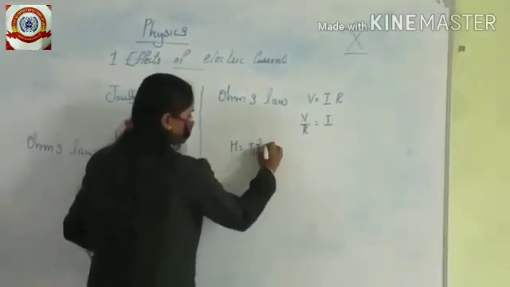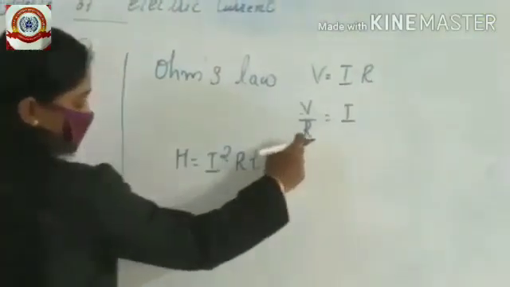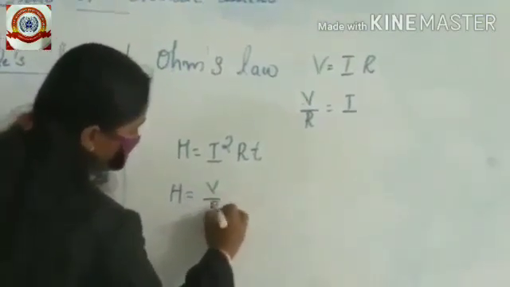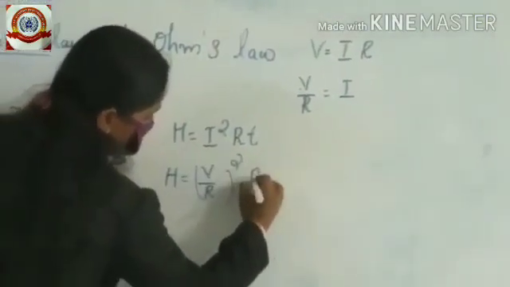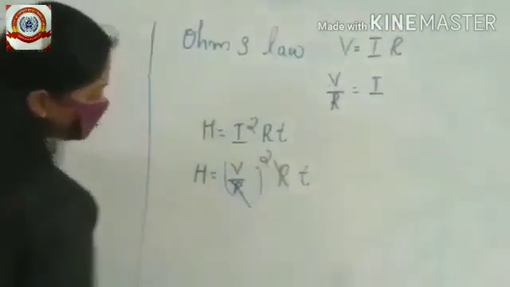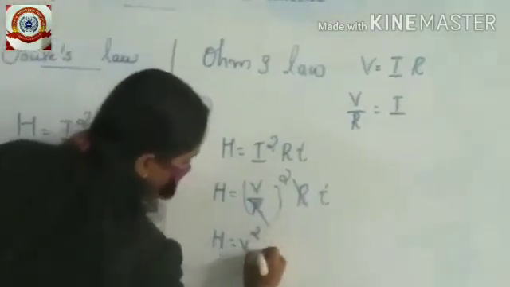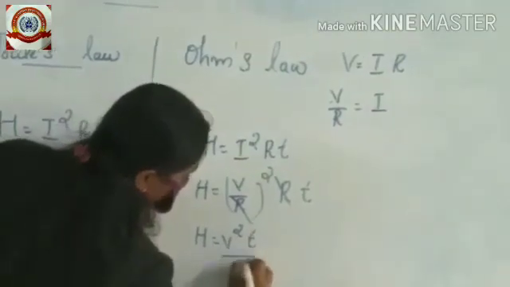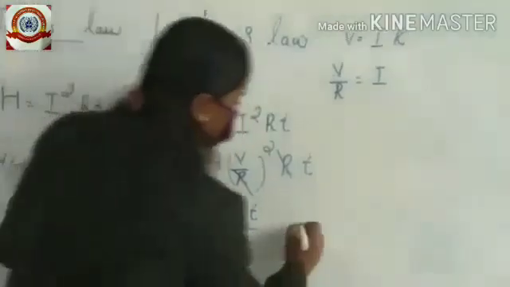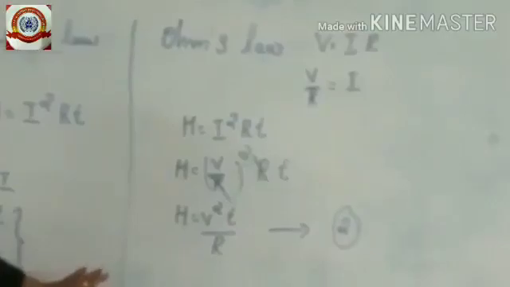H equals I square RT, then I equals V by R. We get H equals V by R the whole square RT. Okay. Cancel R and R. Then we get the equation H equals V square T by R. One R is there. Don't forget. So H equals V square T by R. This is the second equation for finding heat.